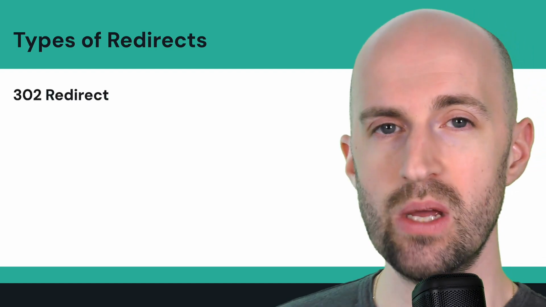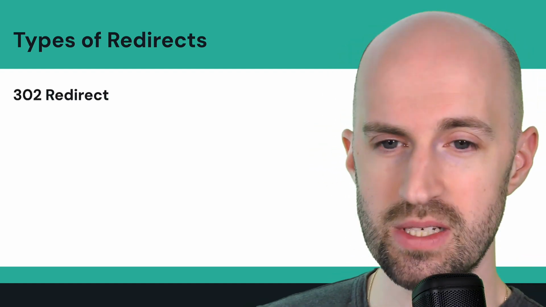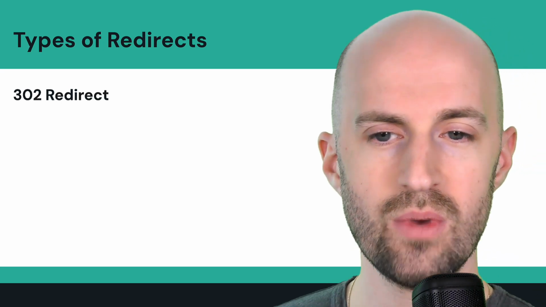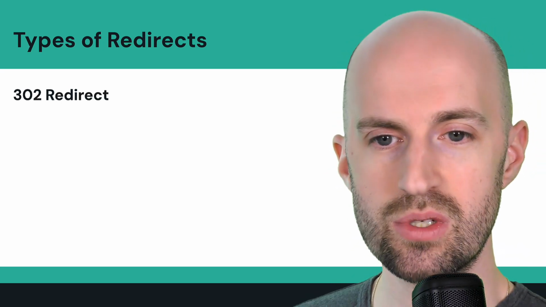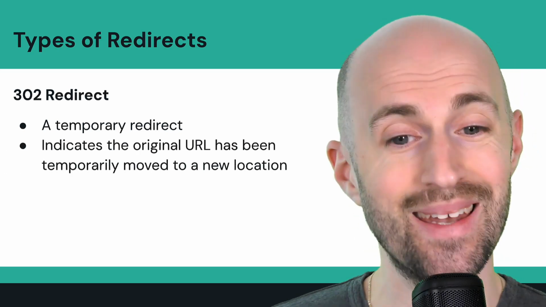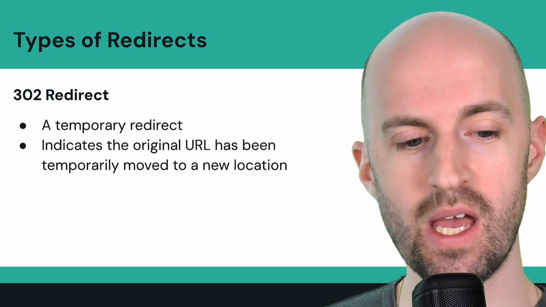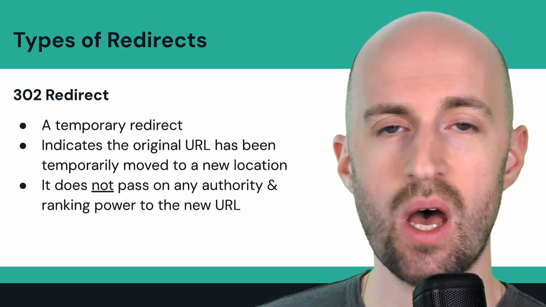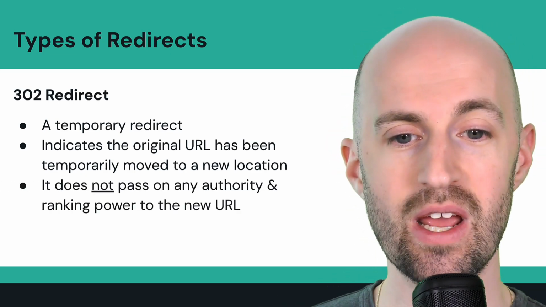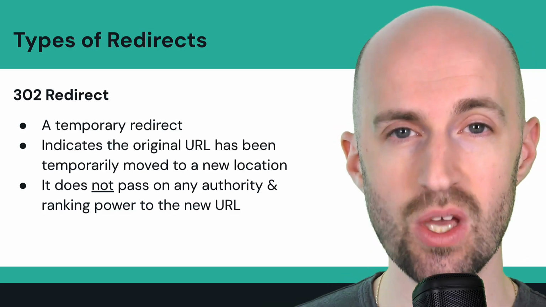Then we have 302 redirects. You also see 307s. They're very similar, but in most cases you just use 302s. These are known as temporary redirects, and they indicate that the original URL has been temporarily moved to a new location. So it does not pass on any authority and ranking power to the new URL, and that's why we don't use 302s for SEO purposes.